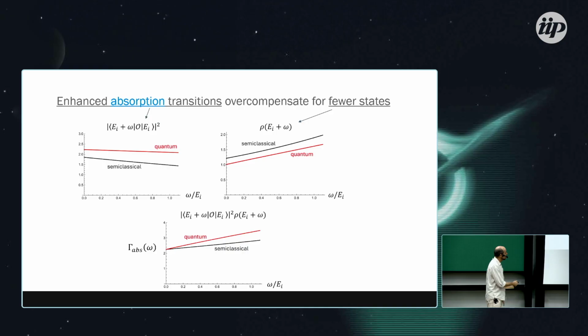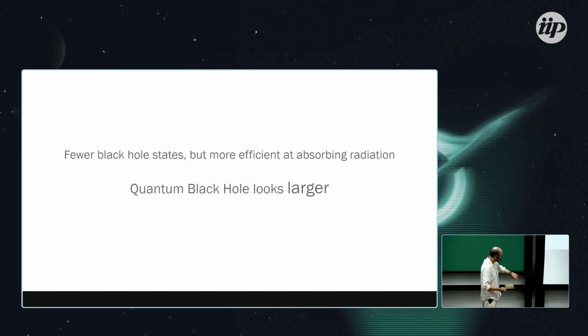And when you combine them, it turns out that the quantum absorption in this case is larger than semiclassical absorption. Yes. So there are fewer black hole states, but they are more efficient at absorbing radiation, and as a result your quantum black hole looks larger. If you expected a black hole with this cross-section, you instead have a black hole with a larger cross-section.